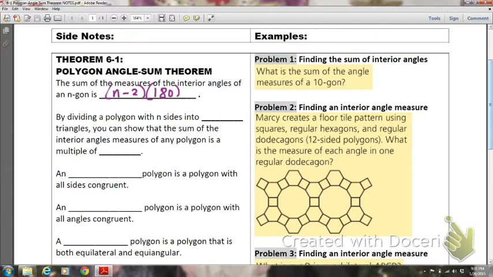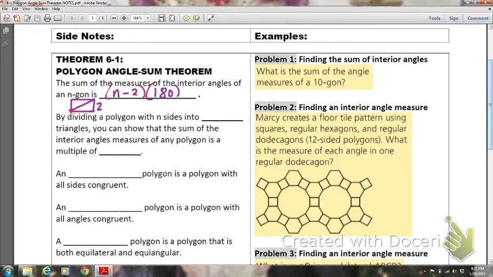The reason that it's multiplied times 180 is because if you take, let's look at a few different polygons. Let's look at a four-sided polygon, which is a quadrilateral. And if I draw a diagonal, it's going to divide it into two triangles.